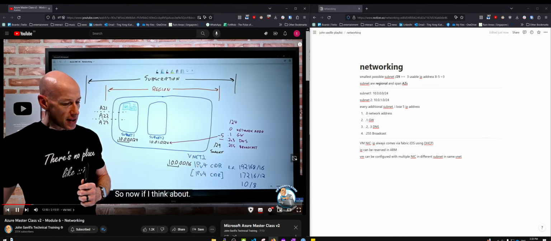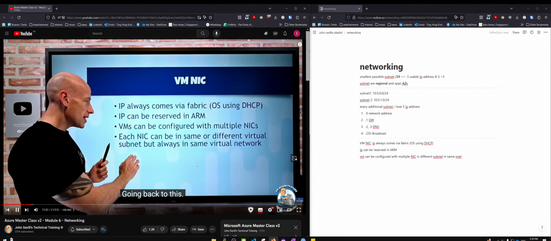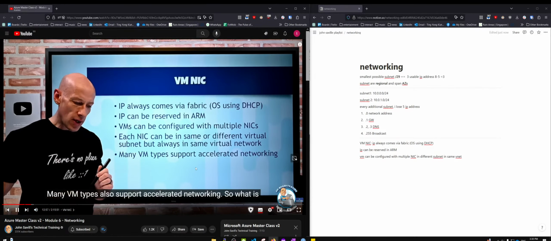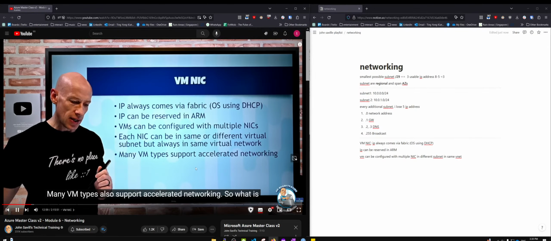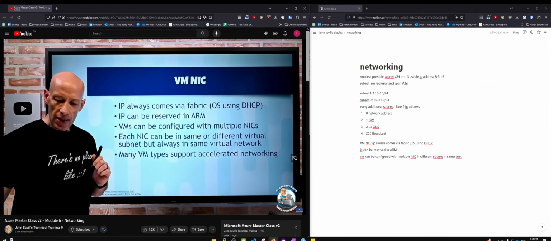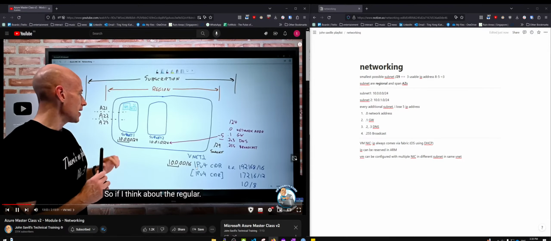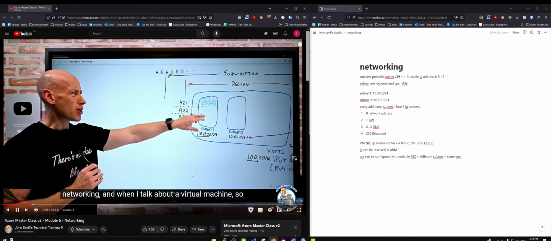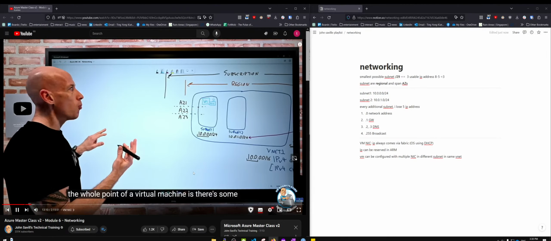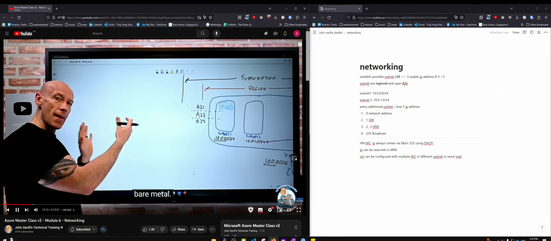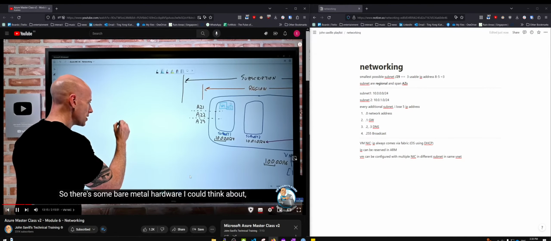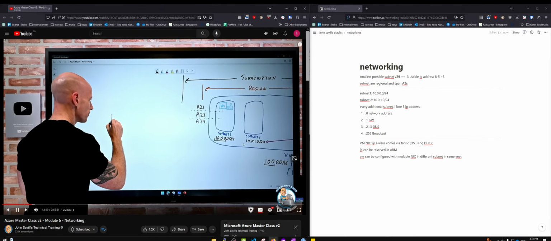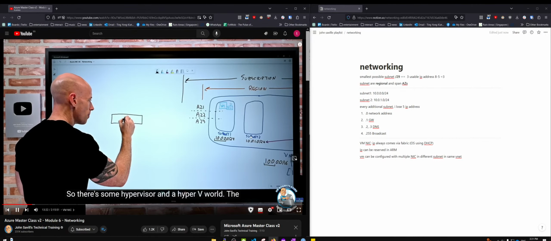So now if I think about going back to this, many VM types also support accelerated networking. So what is accelerated networking? If I think about the regular way this works, so I just said software-defined networking, and when I talk about a virtual machine, the whole point of a virtual machine is there's some bare metal hardware I could think about, and then we're running a hypervisor.